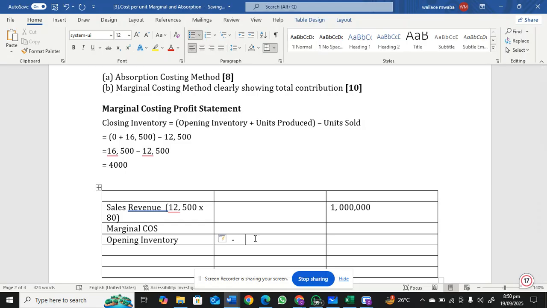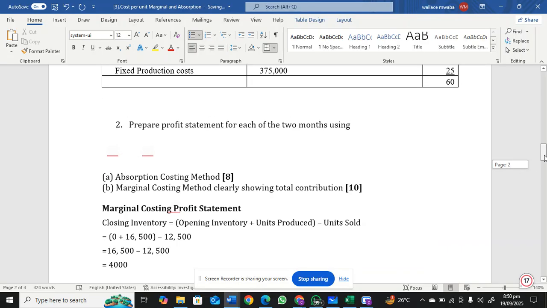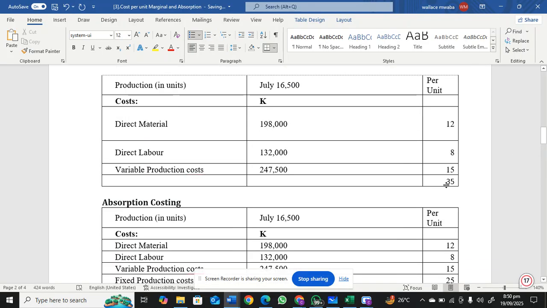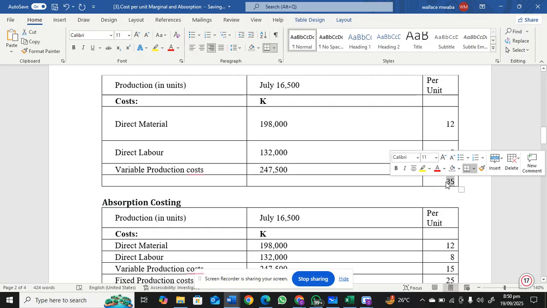But if there was any opening inventory, we would have multiplied it by this 35 kwacha, the variable cost per unit. This 35 kwacha, you're going to use it to value opening inventory, production, and closing inventory. The cost per unit under marginal costing is 35 kwacha.